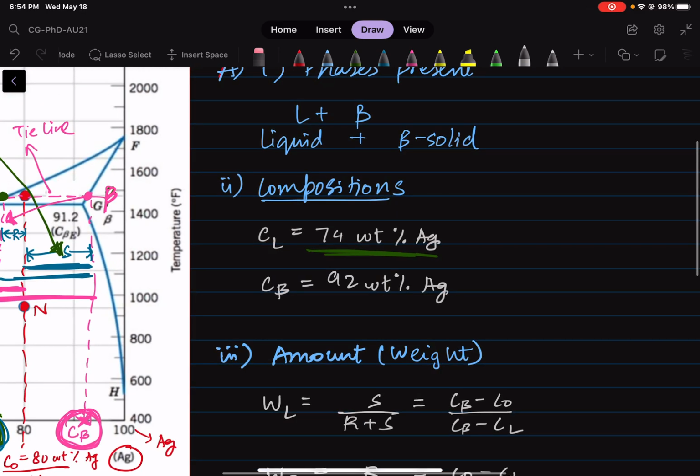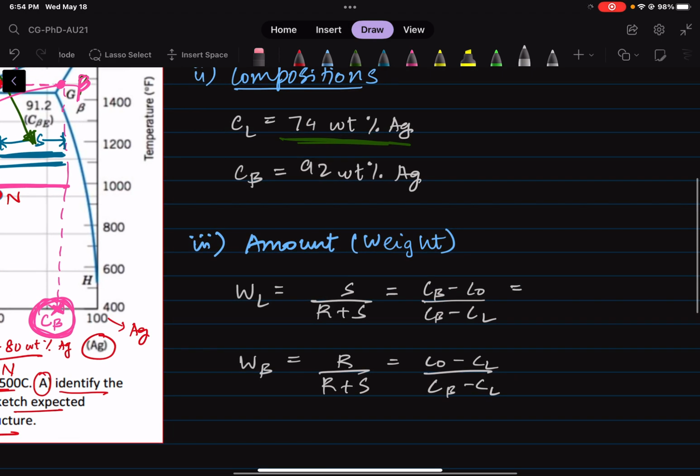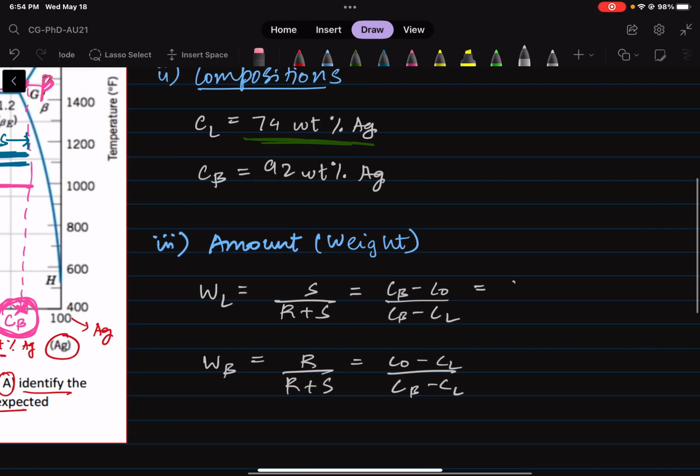And then just to remind you, we have been given that the C_0 is 80 weight percent silver, and you plug in the values. This becomes 92 minus 80 divided by 92 minus 74, and then this becomes 80 minus 74 divided by 92 minus 74.